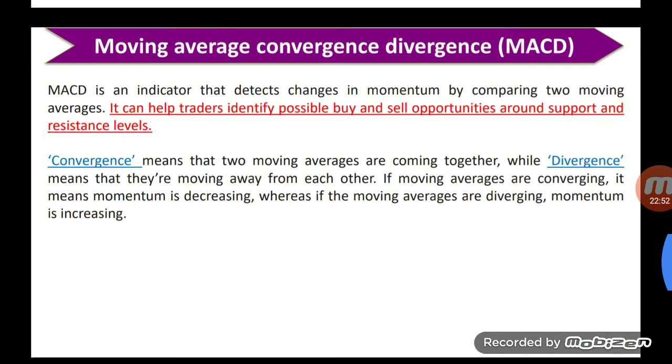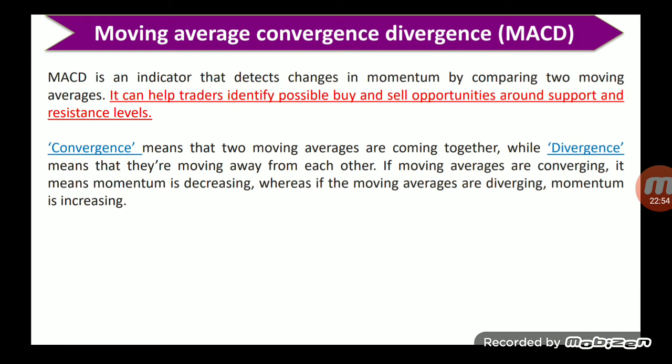Next is MACD, moving average convergence and divergence. MACD is a leading indicator, and it is very famous among traders. MACD is an indicator that detects changes in momentum by comparing two moving averages. So here two moving averages are taken.